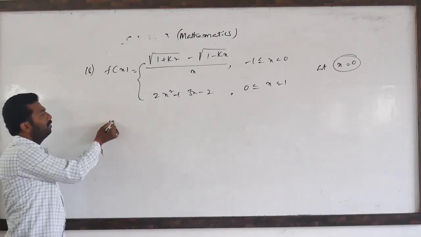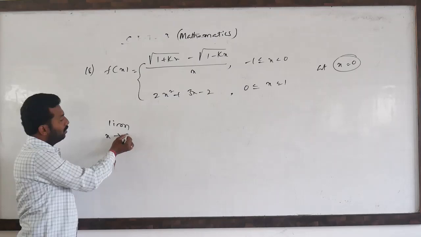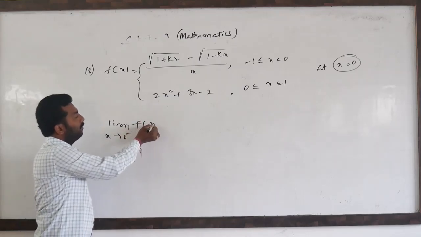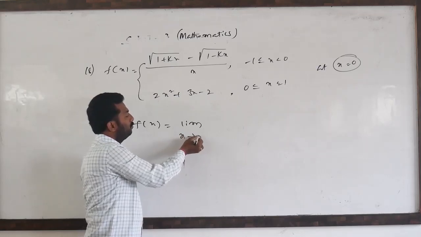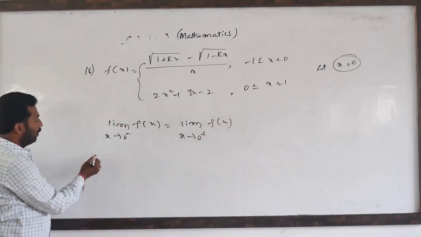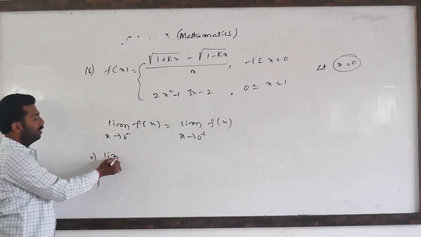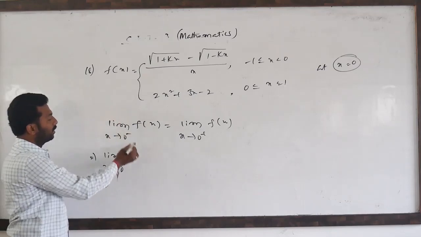Very simple. Limit x tends to 0 minus f of x equal to limit x tends to 0 plus f of x. So from this you observe, limit x tends to 0 minus means less than 0 case.